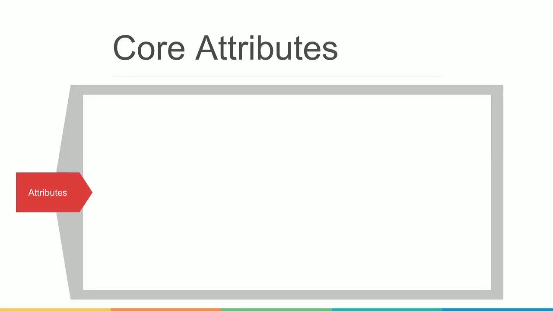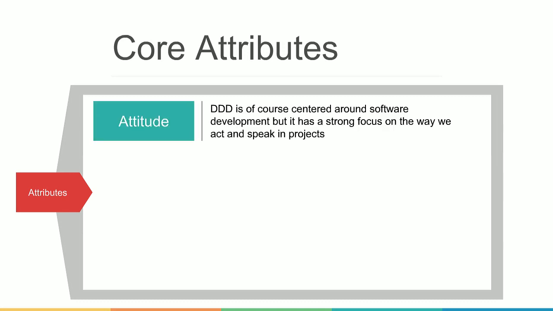Now, in my eyes, the core attributes on the cultural side are the attitude. I always refer to the culture, or the way that DDD is approached, as sort of an attitude that, yes, we are aware that a market can change.